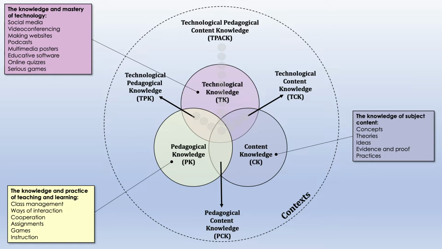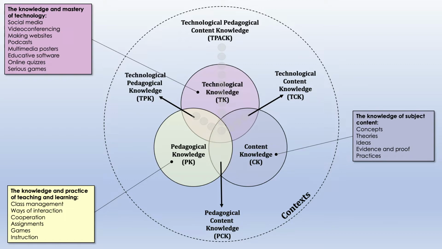In short, there is the content knowledge, basically the learning goals you want to achieve with the students. Then there is the pedagogical knowledge. What kind of didactics are you going to use to achieve those learning goals? And the third domain, the technological knowledge. What can technology assist or impede in the achievement of a goal, and how can it enhance the learning of the students?